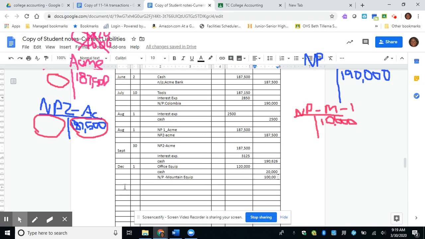So on December 5th, this is going to be a litigation loss expense. That is going to be $76,000.